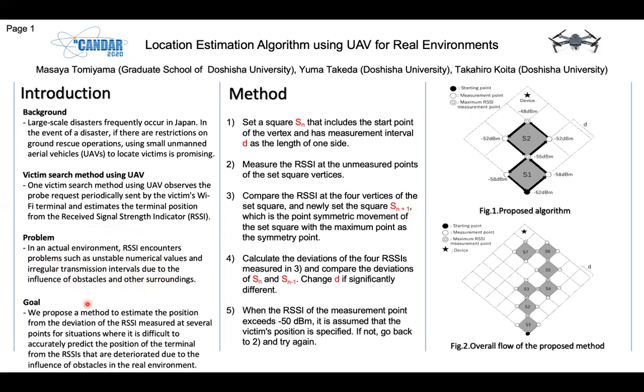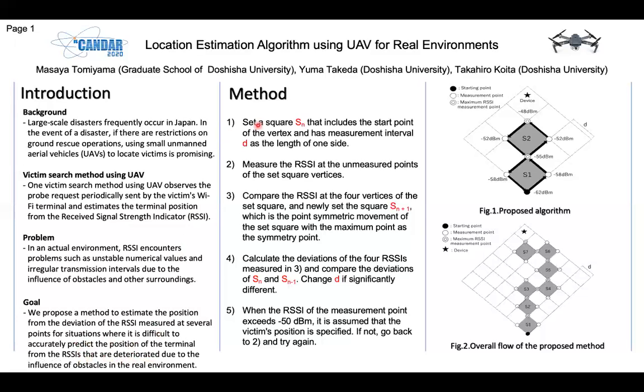Then, we propose the method to estimate the position from the deviation of the RSSI measured at several points, for situations where it's difficult to accurately predict the position of the terminal from the RSSIs that are deteriorated due to the influence of the obstacles in the real environment.